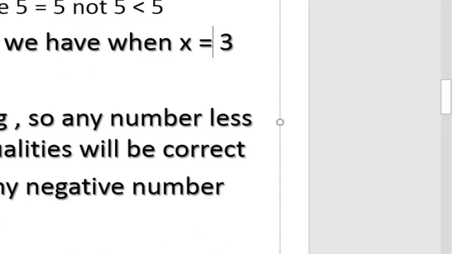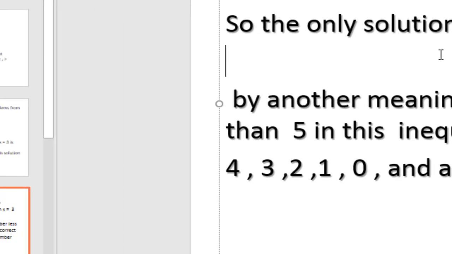In other words, the inequality here means x less than 5. So any number less than 5 will be correct. When you substitute x by 4, it will be correct.